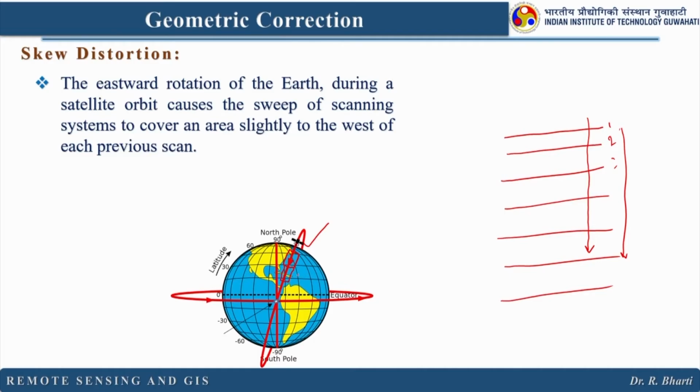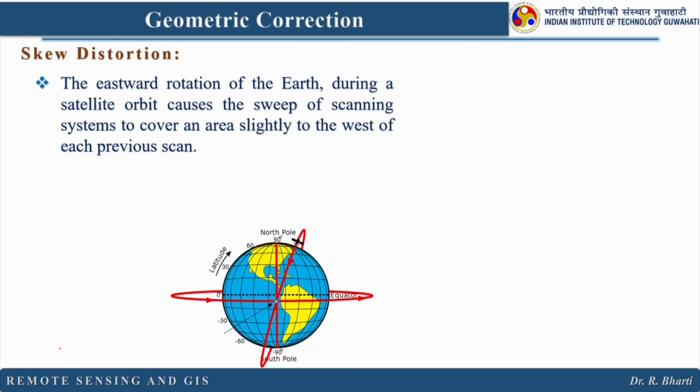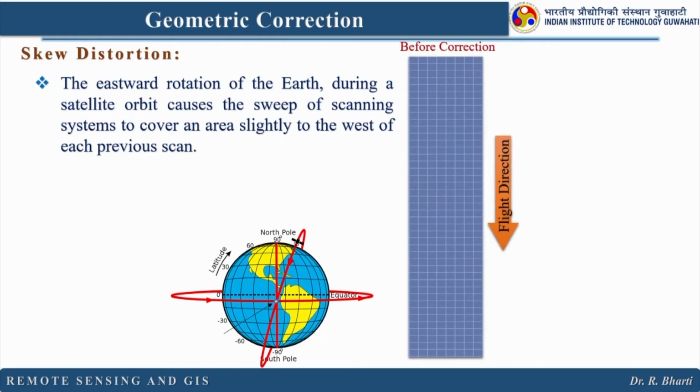Due to the movement of the earth, there will be a change in position: this is the first, then the second will be slightly this side and the third slightly this side, right. Why is this? Because of the rotation of the earth and movement of the satellite. This is one better example to understand this problem.